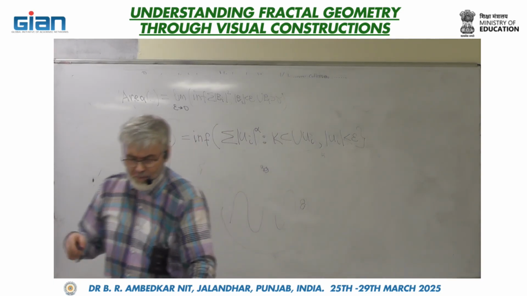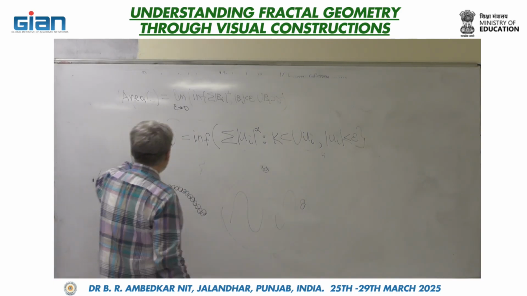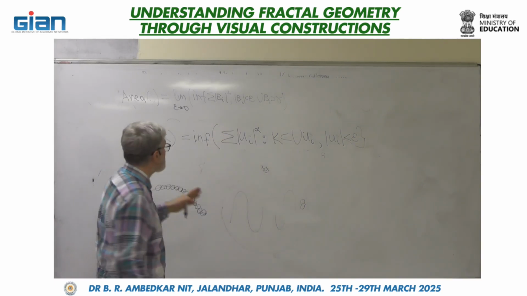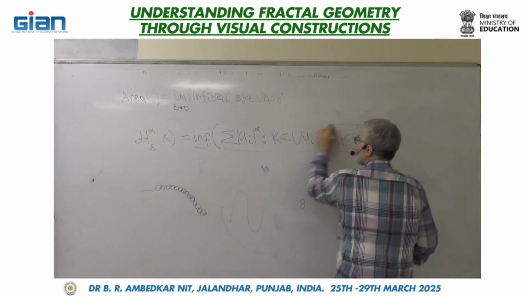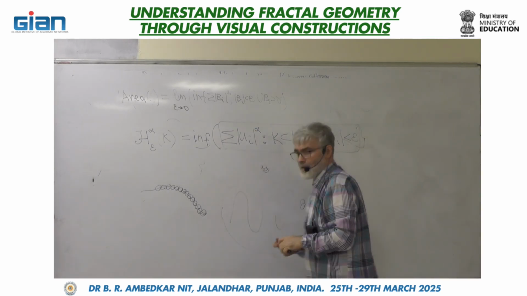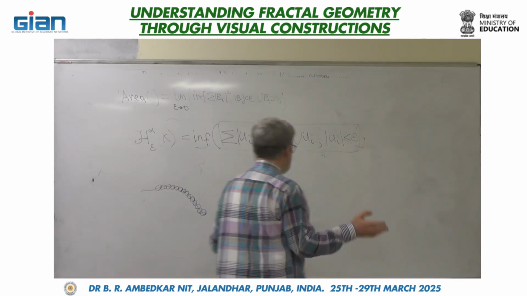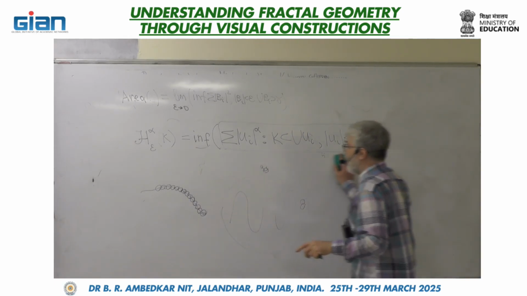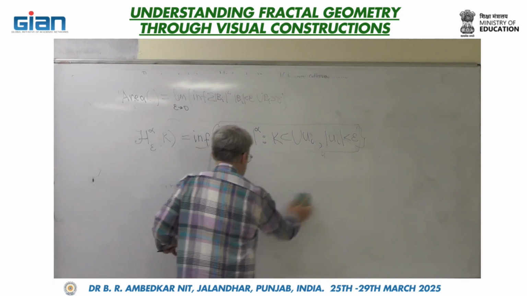When epsilon becomes smaller, this number would grow. Yes, because we take a lower bound over a smaller family of coverings, because each epsilon divided by 2 covering is also an epsilon covering, but not all epsilon coverings are epsilon divided by 2 coverings, for example.